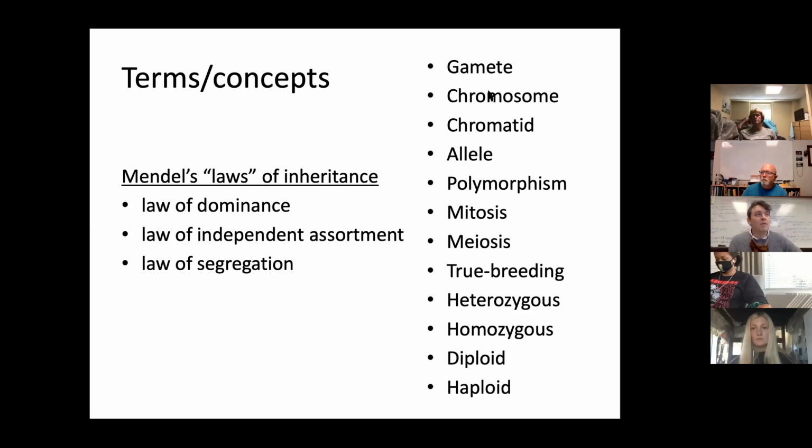So you need to know what a gamete is, what chromosomes are, what we mean by heterozygous and homozygous, and then you'll also need to understand how these three laws that Mendel came up with based on his experiments relate to each of these terms on the right. So you will have this as your vocab list to go back to, so you can make sure that when you're taking notes, you're including the definitions for these terms.